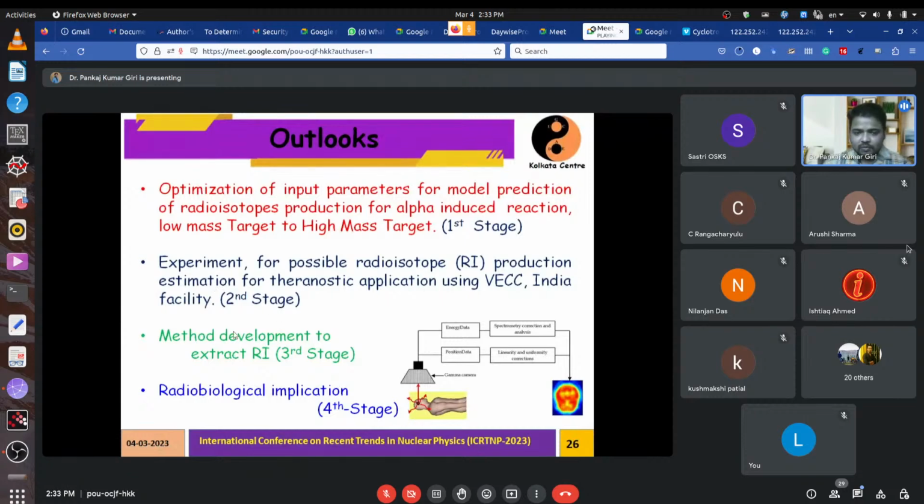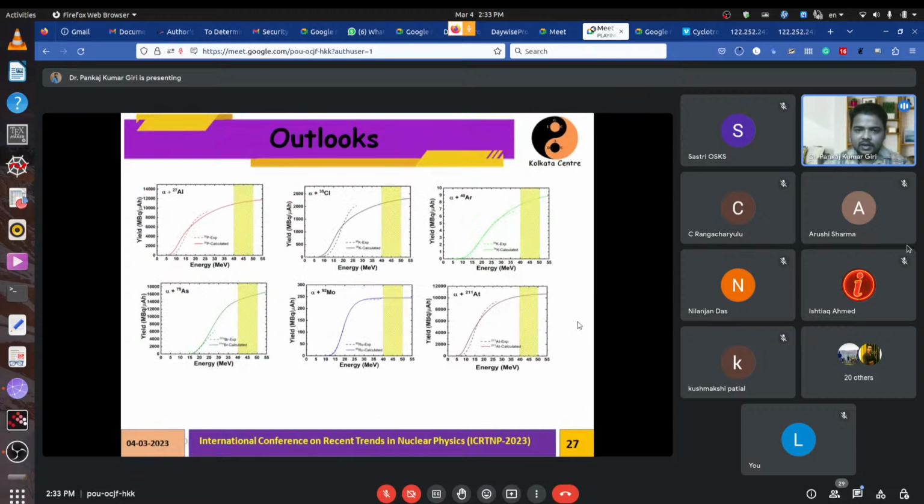Then we will move to the third and fourth stages, that will be the method development to extract this radioisotope, then radiobiological implementation. And these are some radioisotopes which we are focusing on producing in optimum quantity, and this highlighted region will be probed through the BARC cyclotron through the alpha beam.